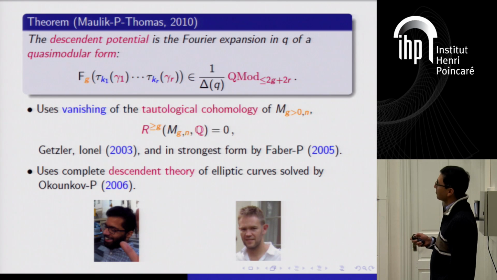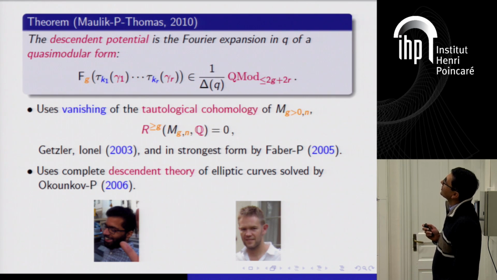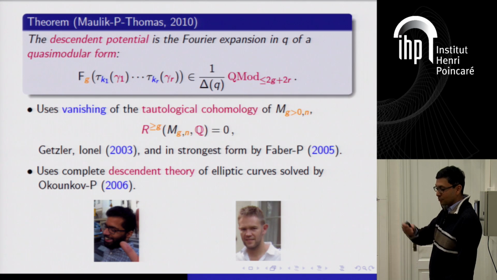So in fact, this more or less tells you the structure of all of this curve counting on these K3 surfaces. What it doesn't tell you is the full answer, because it says that this F_g is a generating series in q. So it involves an infinite amount of data, the coefficient for every q.